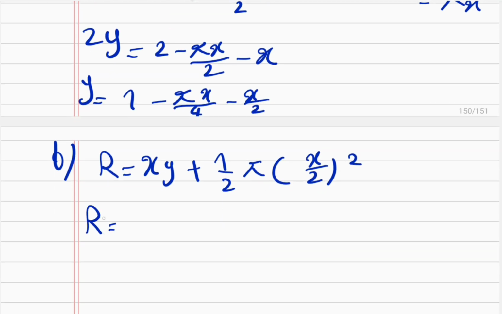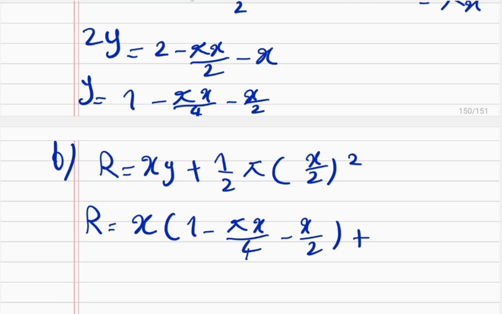So we can rewrite this as r is equal to x times, and then for y we write 1 minus pi x over 4 minus x over 2 plus x squared over 4, which becomes x squared pi over 8.